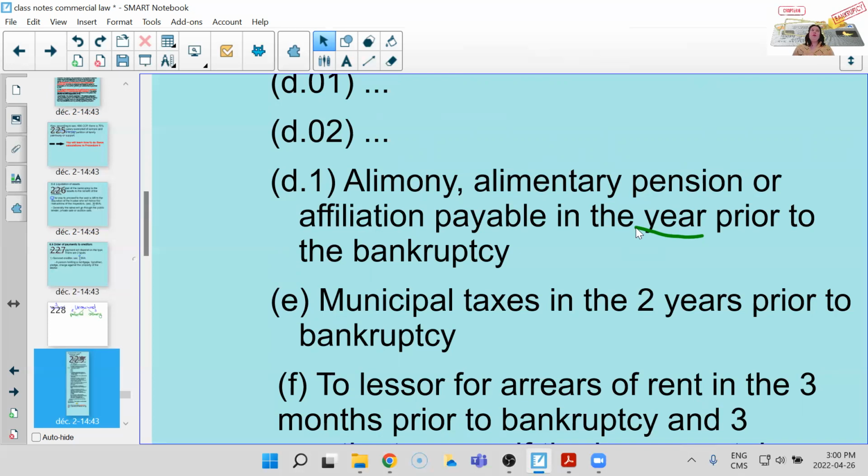So if I tell you that Maria hasn't received alimentary pension or affiliation for $2,000 a month for 15 months, how much do I pay at D.1? $2,000 a month times 12. Yes, you're correct. Why? Because it says a year.